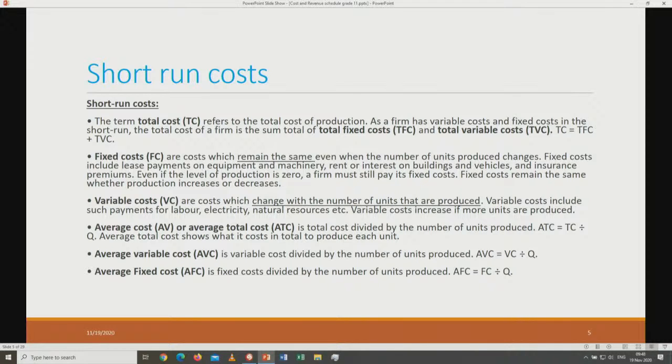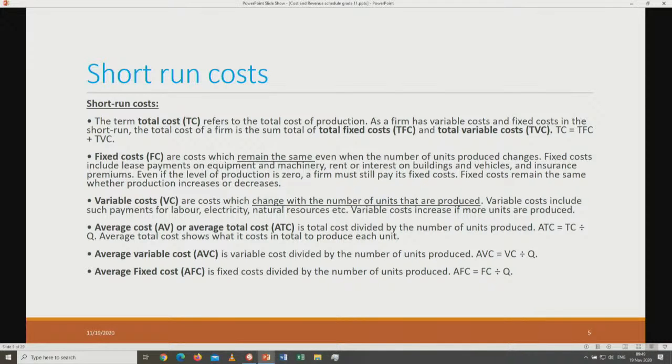We'll look at some examples later on. So what are fixed costs? Now, let's understand, when we talk about fixed costs, remember, you can only have a factor that is fixed in the short run period. So your fixed costs are costs which remain the same even when you decide to change the number of goods that you are producing.